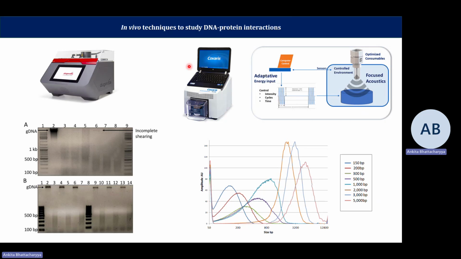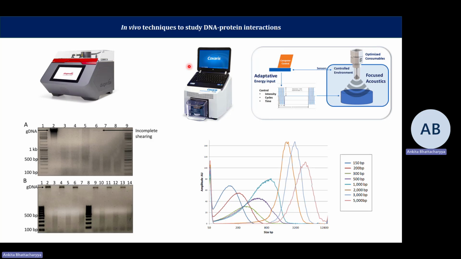It involves a controlled environment with very focused acoustics, using ultrasound waves to cause DNA shearing, and it has a different mechanism of control, which generates fragments within the range that you have commanded it to. So you need to provide the duty factor, the intensity, cycles, and the time, and then it just runs as per your command. If there's a standardized protocol you can get from somewhere, you should try it out.